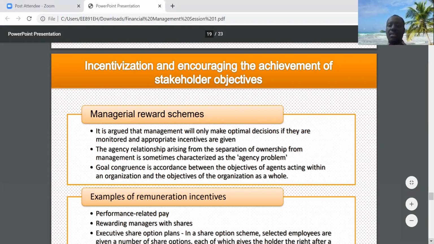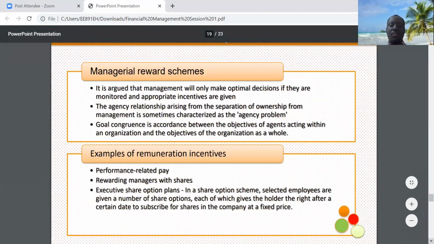So what are the examples of remuneration incentives? There's performance-related pay. You can give some payouts based on performance. You can also reward managers with shares as well. And you can also have what we call executive share option plans. What are executive share option plans?